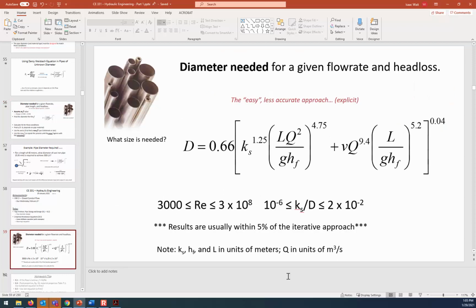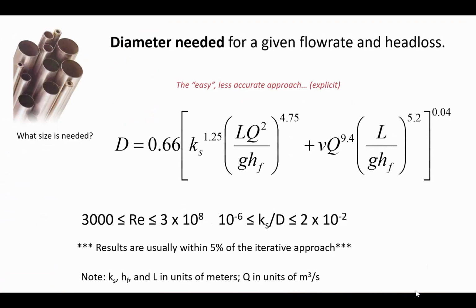And so I wanted to draw your attention to a formula that you can find in the textbook. It's the so-called easy approach to solving for diameter, but when you look at the complexity of that formula, I don't know that it's anything but easy. The results are usually within about 5% of when you do it the full-fledged accurate way, and it has a wide range of applicability.